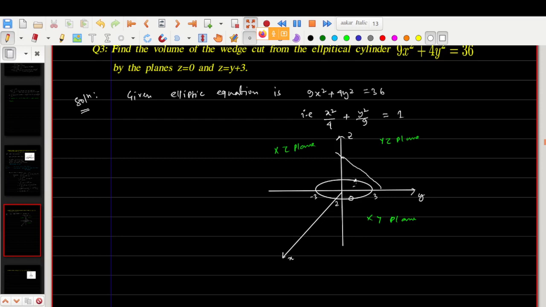Here somewhere it will be minus 2. Let me put a dotted line here. It will hit y at minus 3 and z at 3.